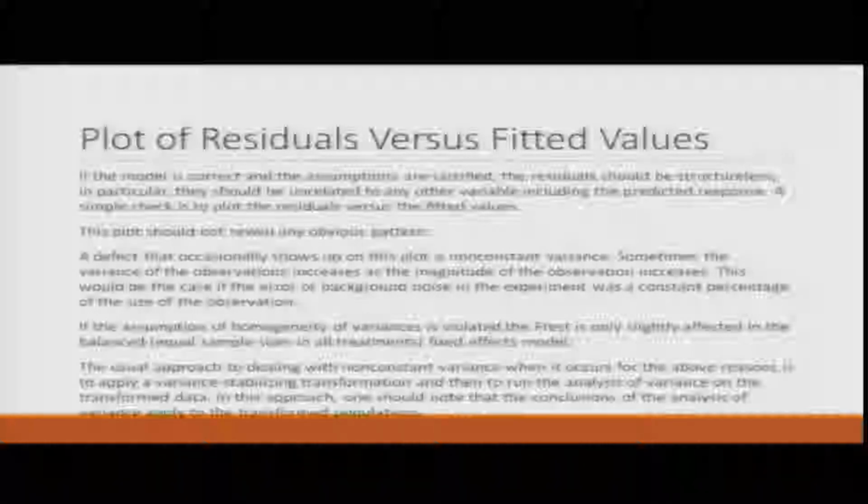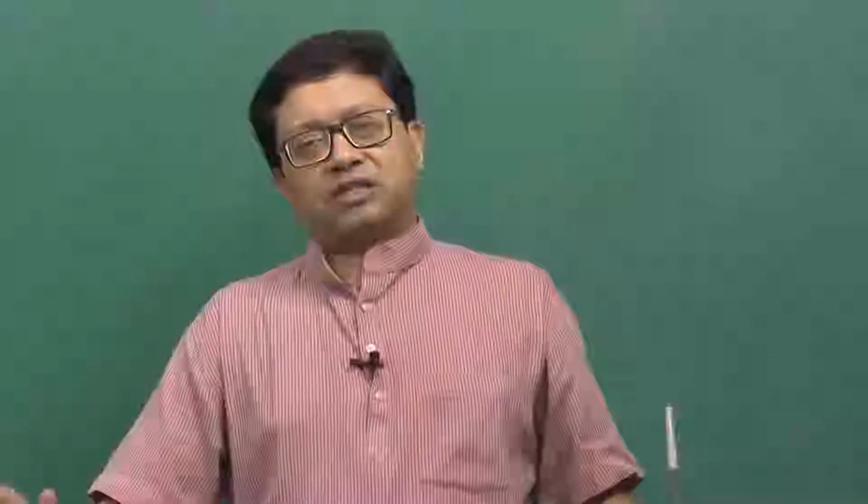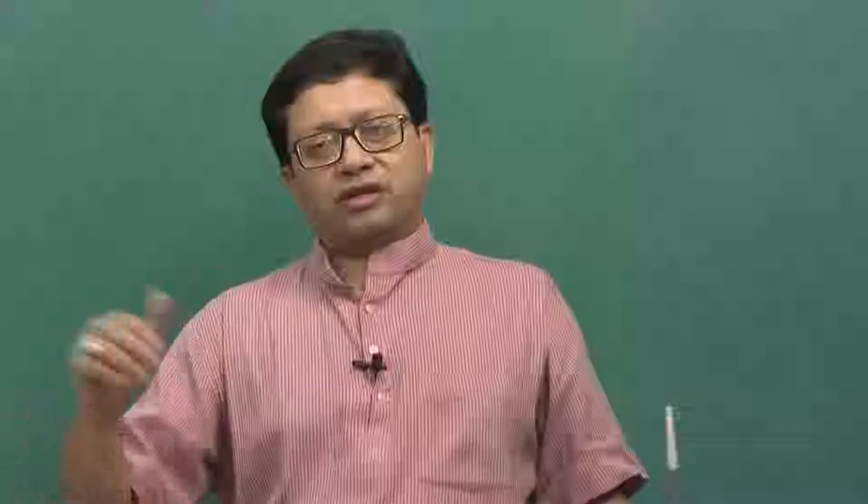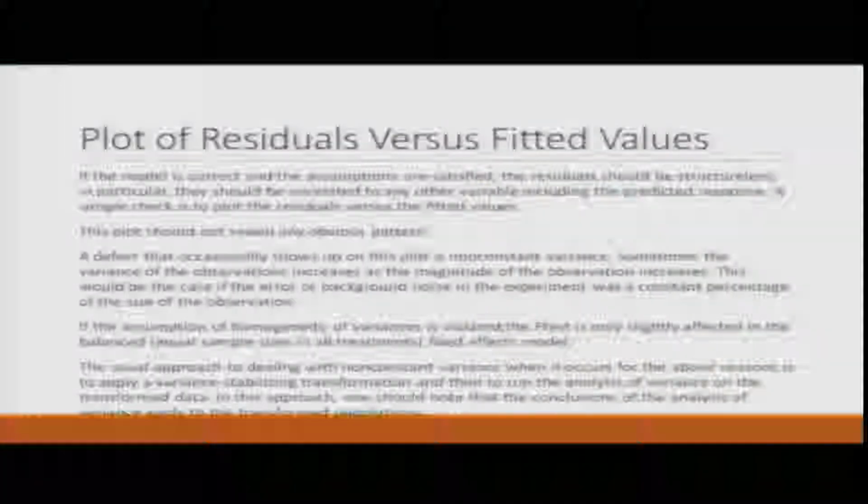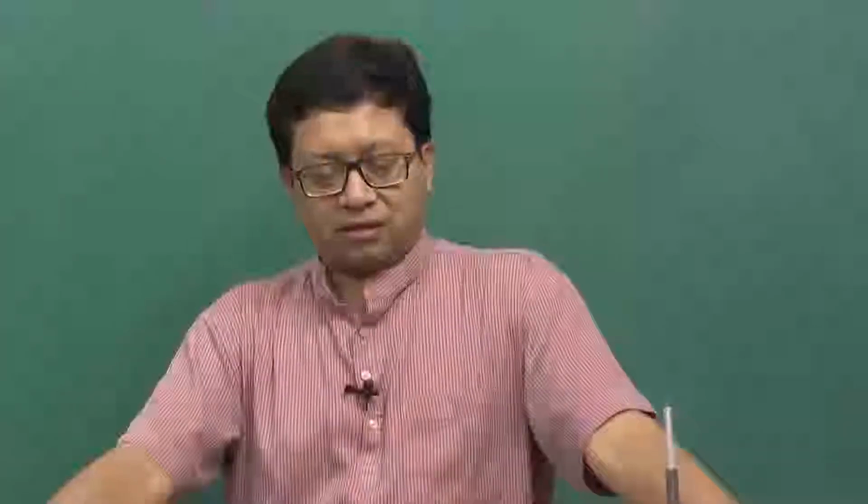Sometimes the variance of the observation increases as the magnitude of the observation increases. So in case you are taking 160, 180, 200, 220, as you increase, the variance increases. This would be the case if the error or background noise in the experiment was a constant percent of the size of the observations. So this is the second point. It may also be that if n increases, you are taking more and more observations, that would also have an effect on the variances.